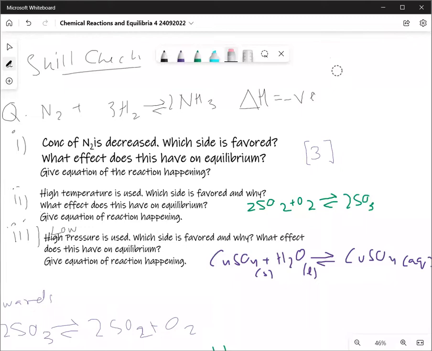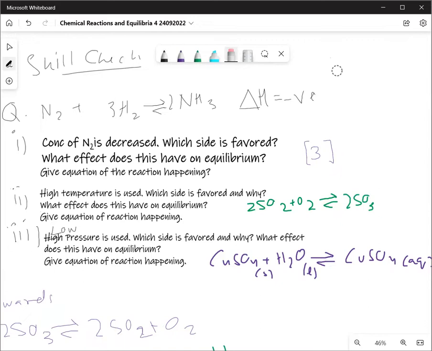Say it again. High temperature, it will favor endothermic. So which side is favored? The reactant side, the endothermic side. You can say reactant side or endothermic side. Now, what effect does this have on the equilibrium?